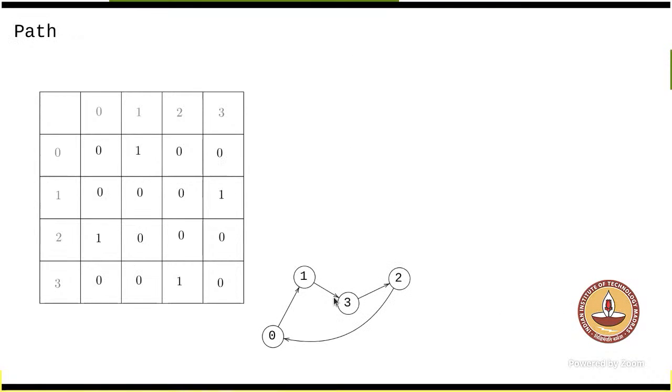The next one is to see if we have a path from one node to another node. Think about this directed graph, and you have this procedure: is there a path from one node to the other?